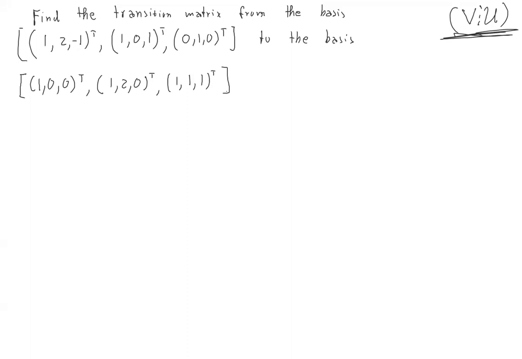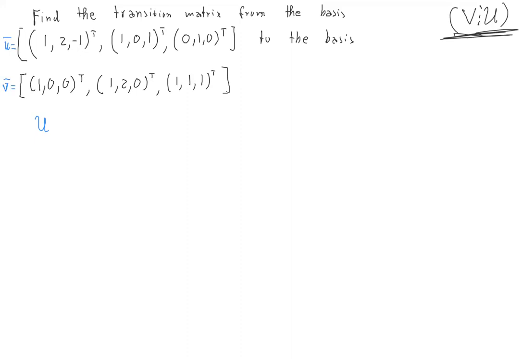Okay, let's try together now. So first of all, what do we do? Let's write down the matrices so that you can just see them. So let's say that this is the basis U and this is the basis V. Okay, what is a basis?